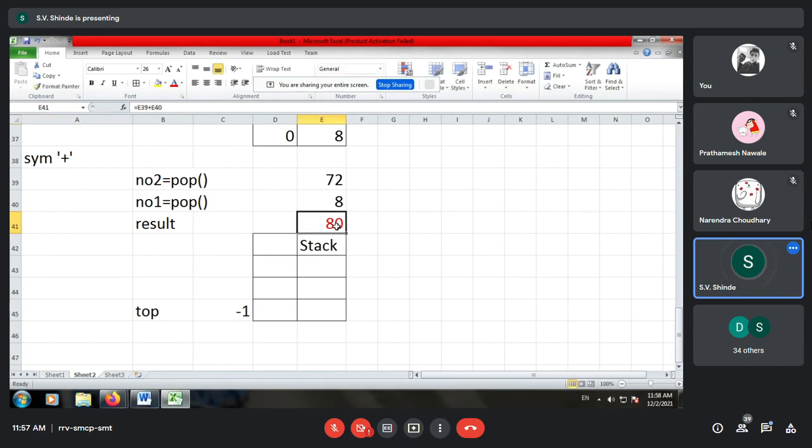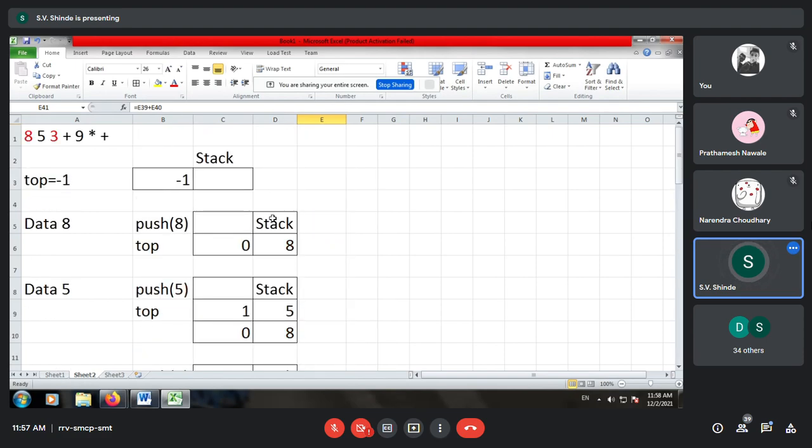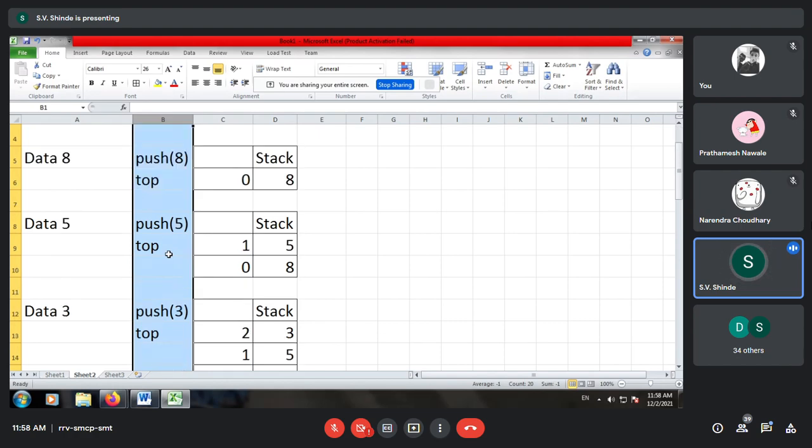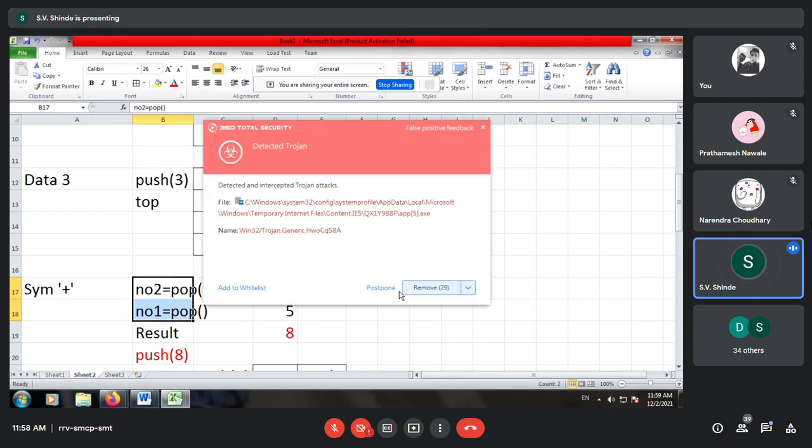Yes, participants, able to understand the various operations? So over here in column B, you can see the various operations that we have conducted. First is push, push 8, push 5, push 3. Then we have the pop operations for number 2 and number 1.